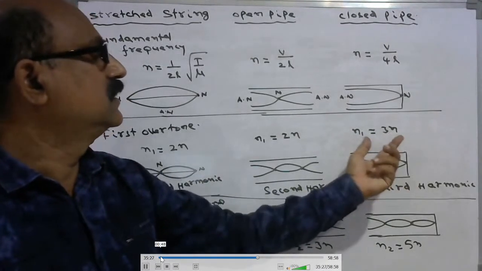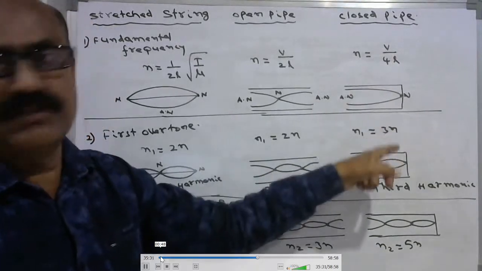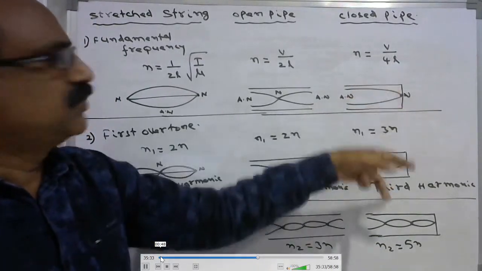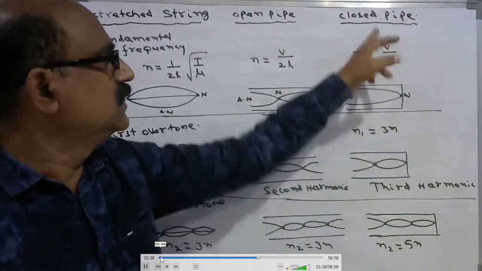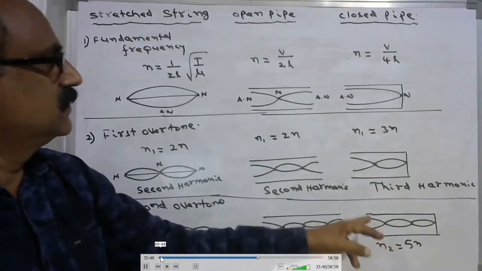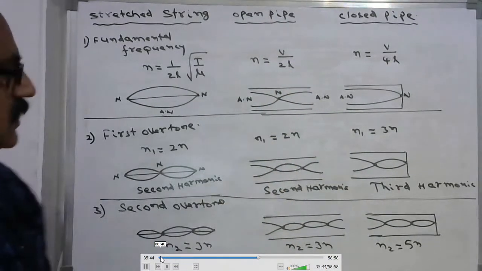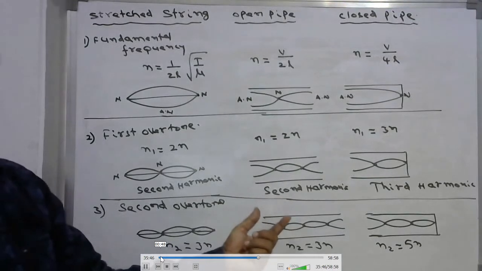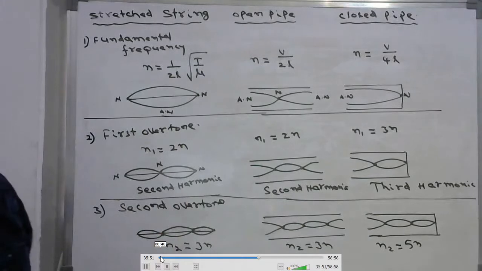Directly we are obtaining the third harmonic immediately after fundamental frequency. So there is no possibility of getting the even numbered harmonics in case of this closed pipe. And in case of open pipe, we can get all the integral multiples of the frequencies. Even also it is true in case of stretched strings.